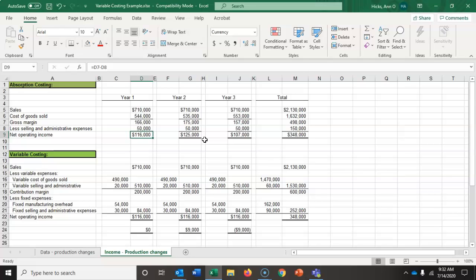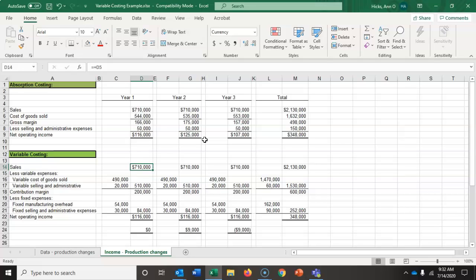Okay. Now, notice the format of the income statement for absorption costing is always that traditional gross margin format. Sales, cost of goods sold, gross margin, because we're not distinguishing between variable and fixed here. In fact, we are deliberately turning our fixed costs into a variable cost.